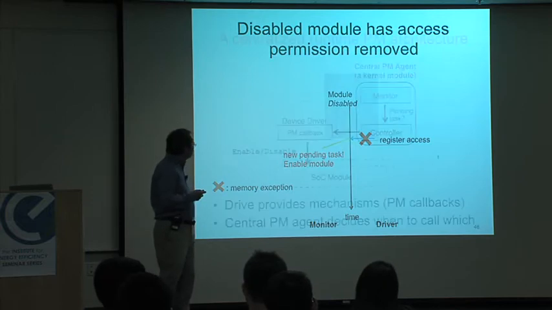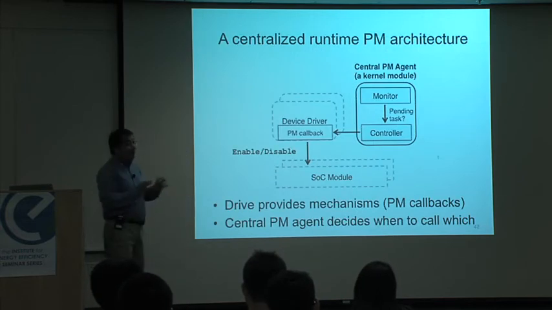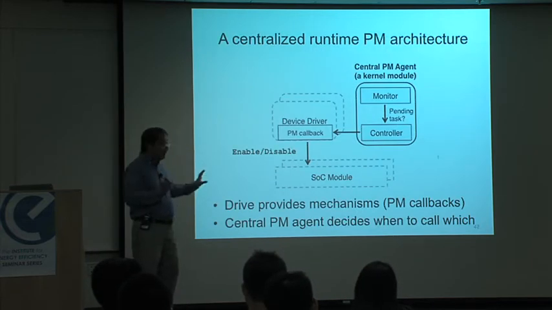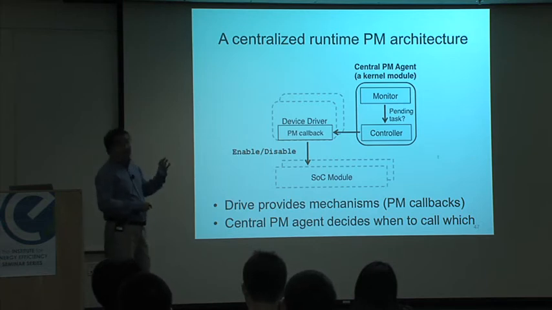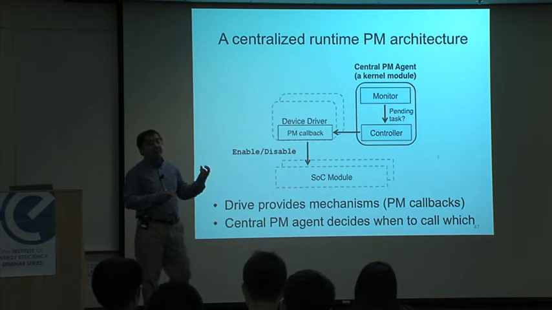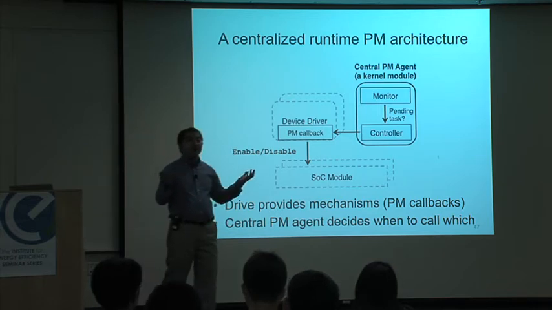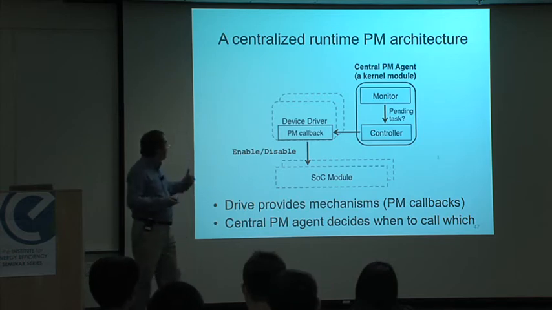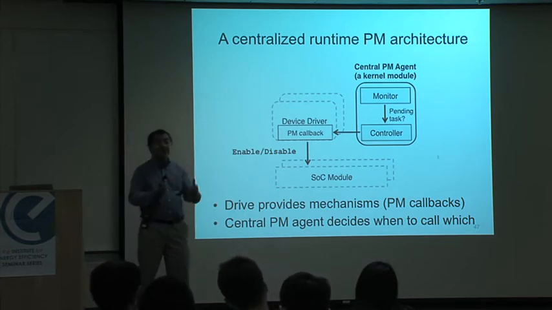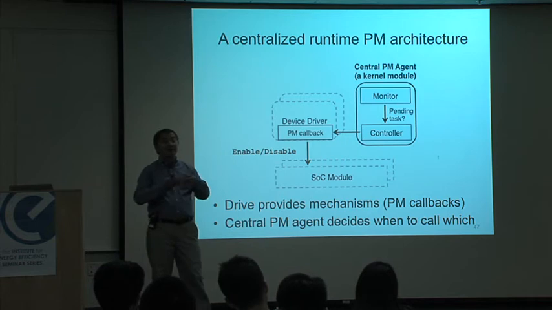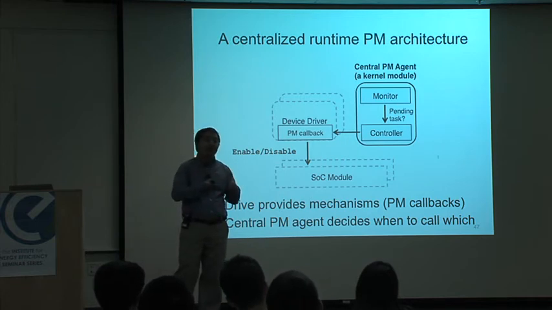Okay, pretty simple. Now, based on this hypothesis, based on this idea, we could design a centralized runtime power management architecture. Instead of letting drivers call the Linux runtime power management to keep the reference counter, the driver only provides the mechanism for power management. For example, the function calls to save context, and the function calls to put the driver into no power state.